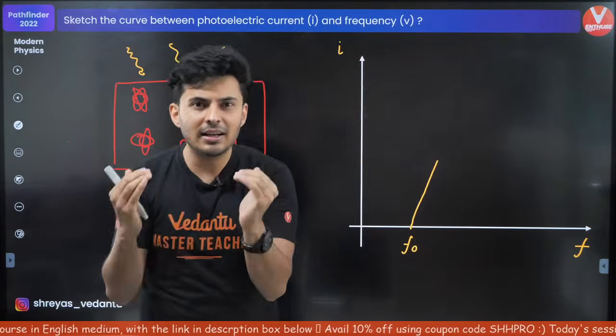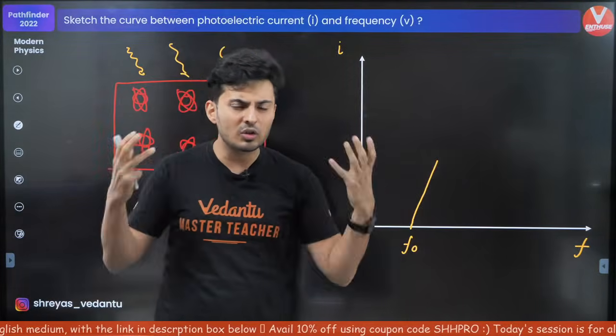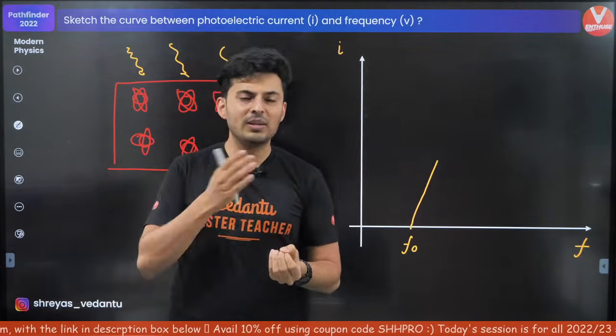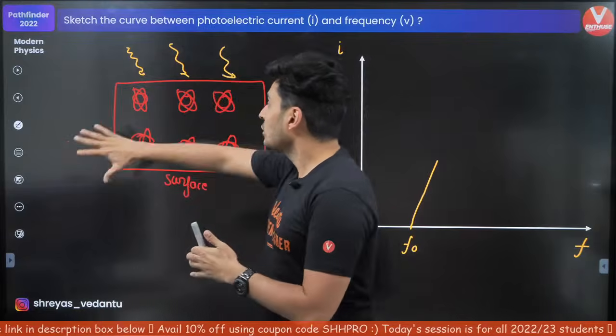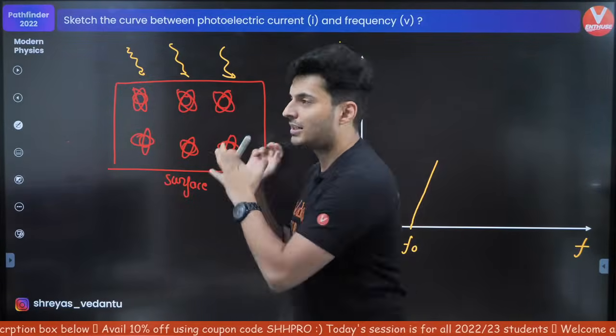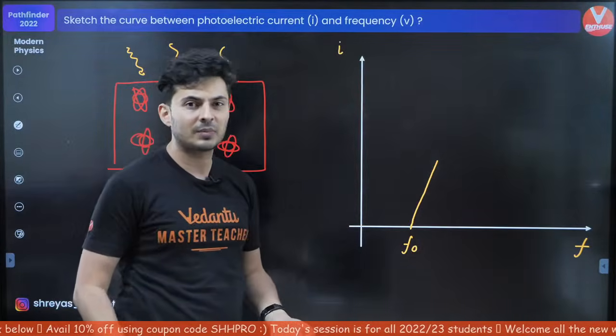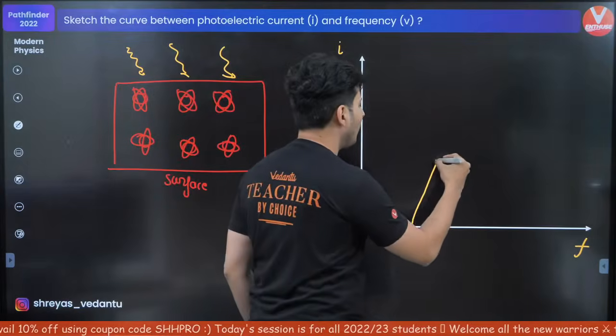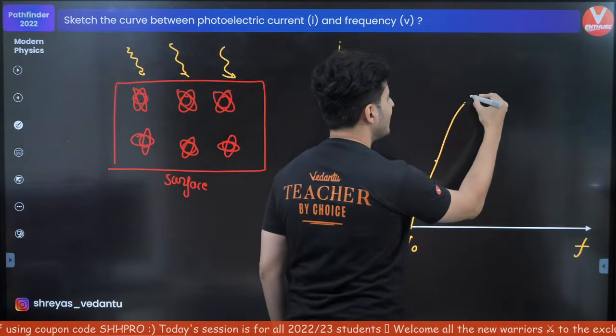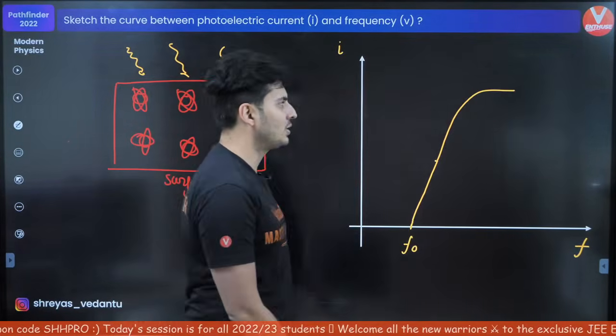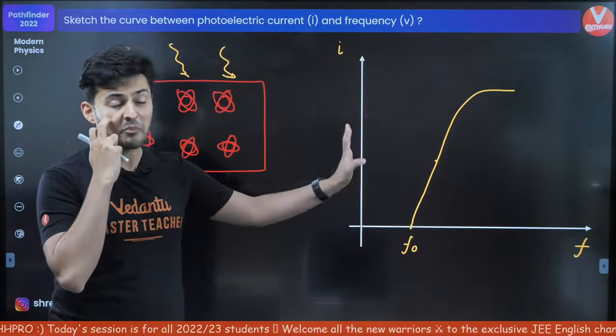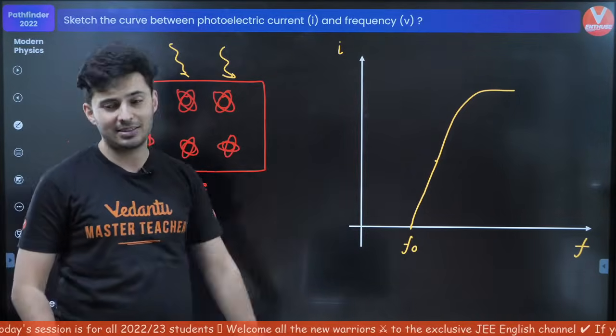So there comes a time where the energy is so high, so many electrons have ejected out, there are no more electrons to be ejected from that surface. So after a long time, you will see the graph will almost become saturated. This is like max, you cannot go beyond that.